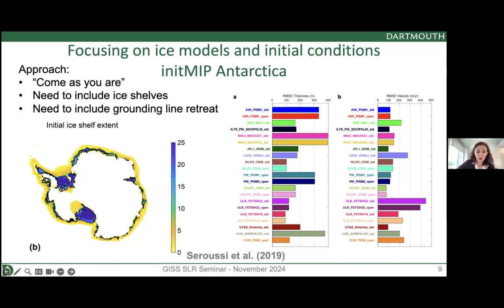The dark blues show where all the models agree that these places are ice shelves. So we can capture the large ice shelves, but we see also that the extent of both the ice front and the grounding line can vary significantly from one model to the next. The idea here is to see how well the models capture initial conditions that represent today's conditions that we have observed in Antarctica. We can also look at how well they can capture the ice thickness or the ice velocity.